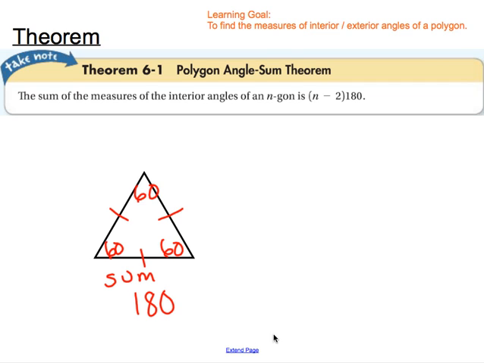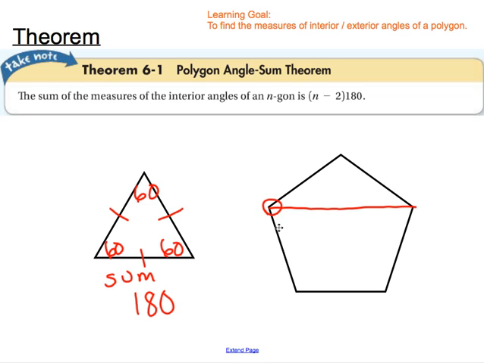If we start dealing with polygons other than triangles, we can see that if we take any single vertex and connect it to the other vertices, so we connect this to this vertex, and we connect this one over here to this vertex, you'll see that we now have 1, 2, 3 triangles. So the pentagon started with 5 sides, but we end up with 3 triangles, or 5 minus 2.